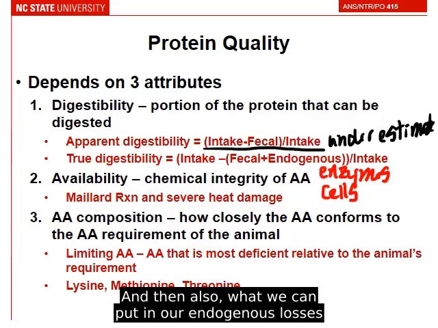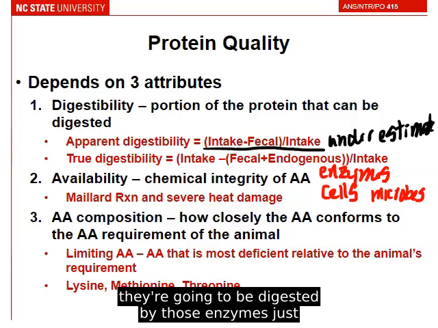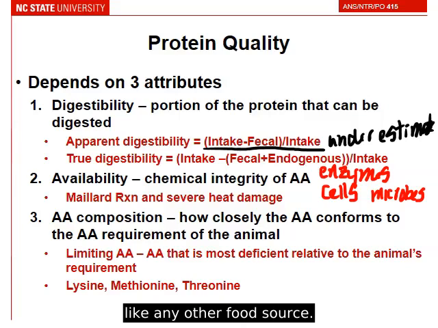And then also what we can put in our endogenous losses is our microbes. So any of our microbes that die, they're going to be digested by those enzymes just like any other food source. So that's all our endogenous.